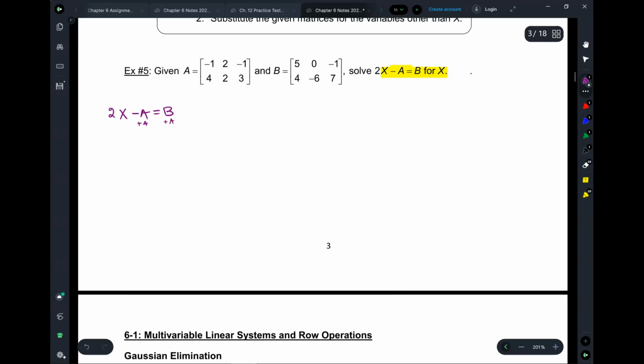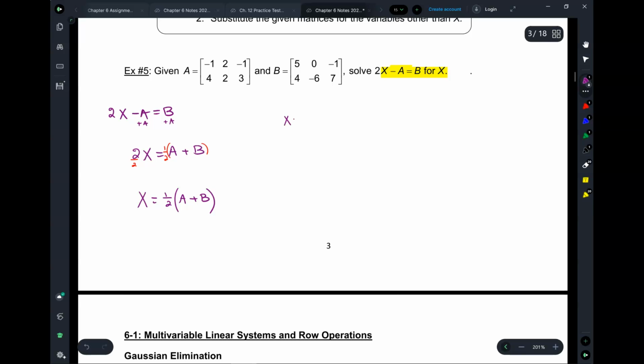So 2X equals A plus B. Do you add A plus B and then multiply by 2? No, divide. Now it's 2 times X, so I'm going to divide by 2. That means I'm going to multiply by 1 over 2. So capital X is 1/2 times (A plus B).